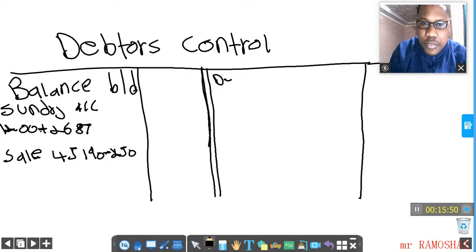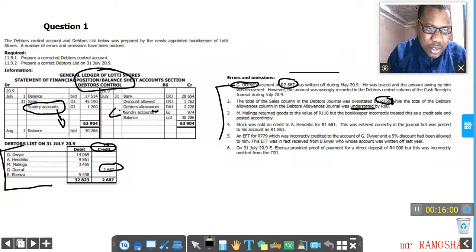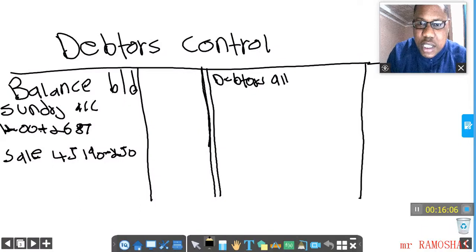Debtors allowance. So how much was the debtors allowance? Let's go back and check. The debtors allowance was 2,228.